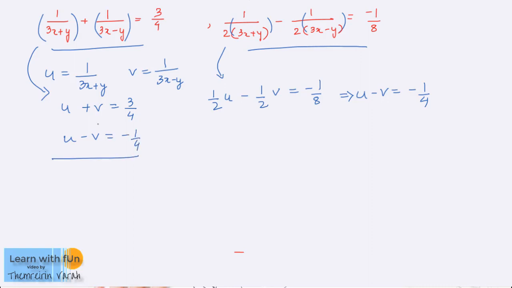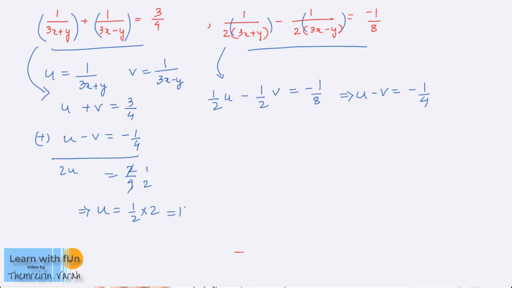Here we eliminate v by adding. So u plus u is 2u, plus v minus v is 0, and 3 by 4 plus minus 1 by 4 is 2 by 4, which is 1 by 2. This implies that u will be 1 by 2 into 2, which is equal to 1.